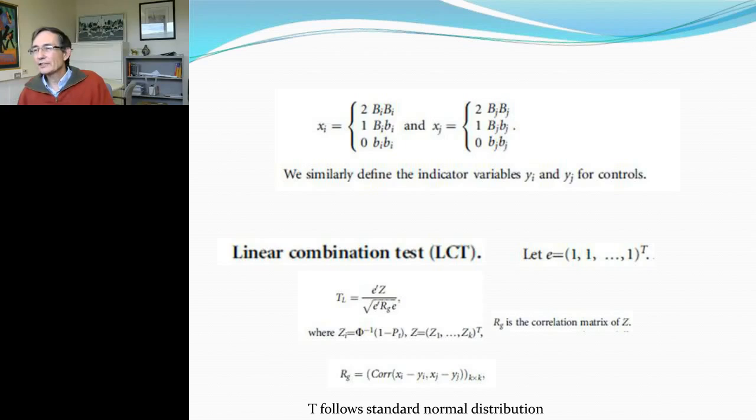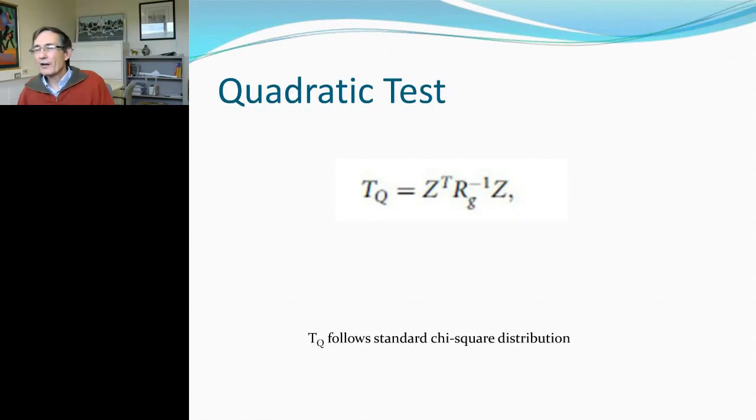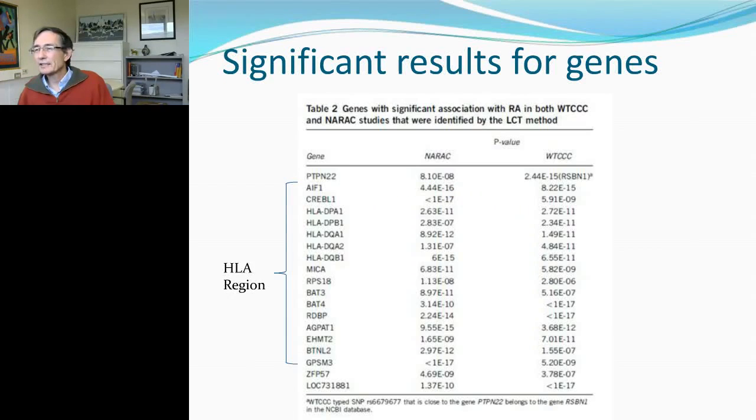That removes any concern about length bias of the SNP or the pathway influencing the number of significant results that one obtains. An alternative approach is the quadratic test, in which the p-values are used directly and adjusted for the correlation among the SNPs.